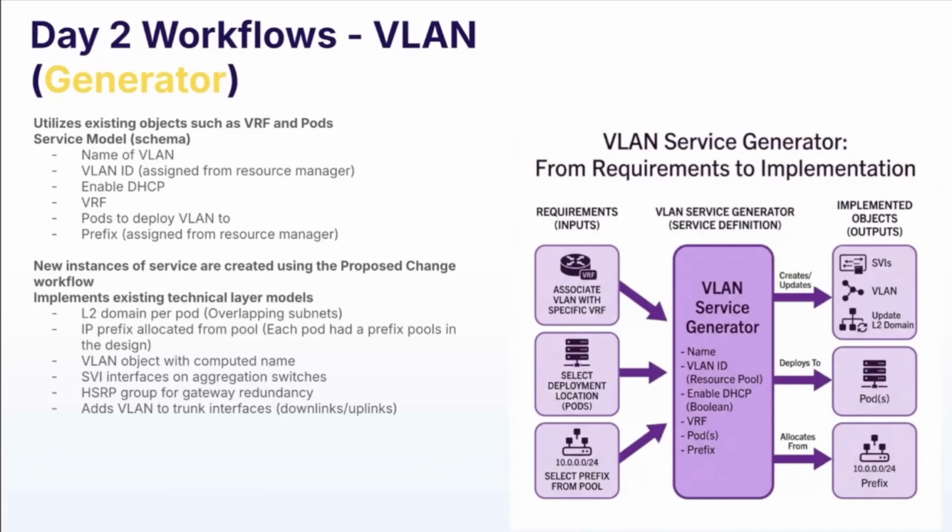What does the output of the generator look like? Once you've added it and the pipeline's run, what does the engineer see on the output? Yeah, they'll end up seeing the data changes. What they'll be able to see is what we call the technical layer models, basically the implementation details.